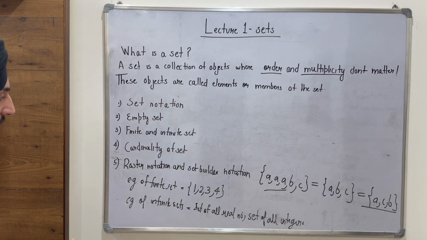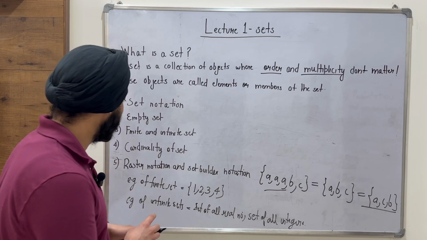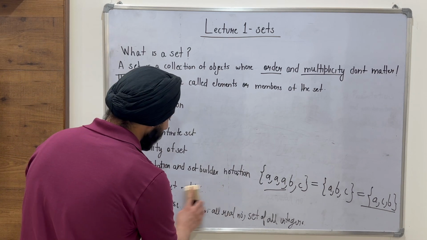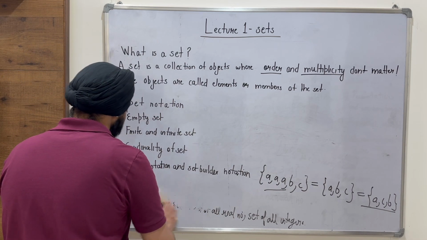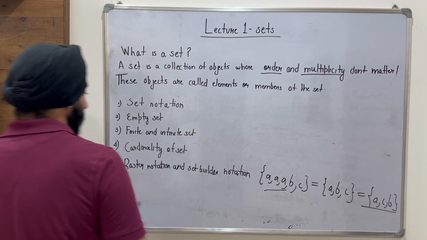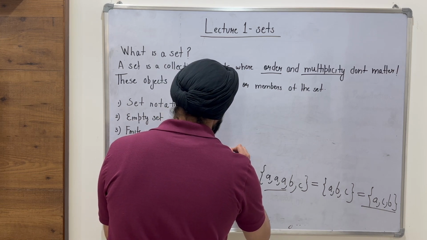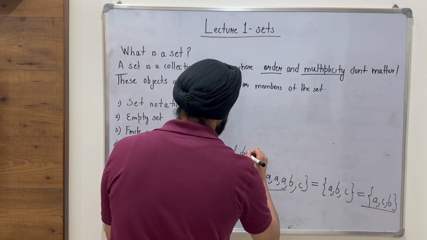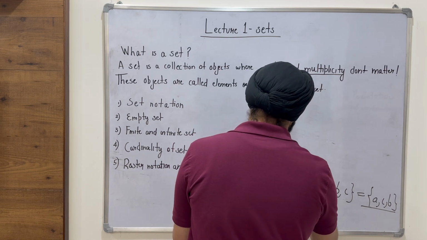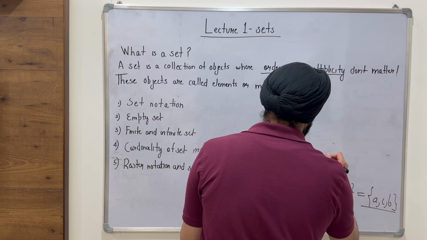Now, understanding counting, comes the concept of cardinality of a set. When it comes to infinite sets, we need to understand what their cardinality is. Cardinality basically means the number of distinct elements in a set.